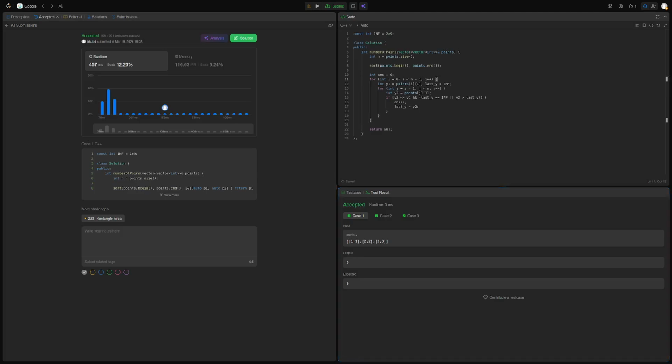Okay, so this sorts the points, and now I mean the point is not gonna have same x. Maybe it can have the same x.